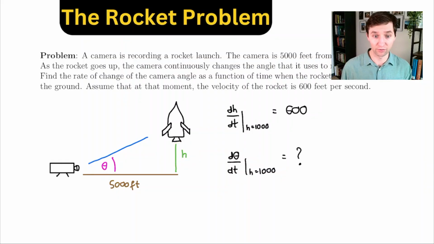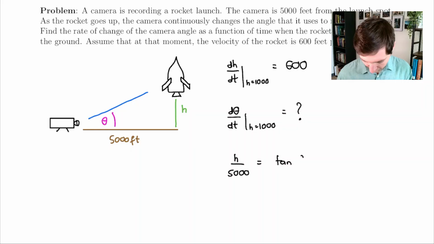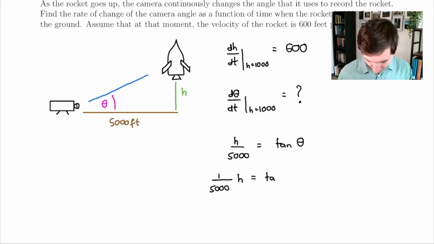We can use trigonometry. h divided by 5,000 gives me the tangent of theta. The equation is h divided by 5,000 equals tangent of theta. This is the same thing as 1 over 5,000 times h equals tangent of theta.